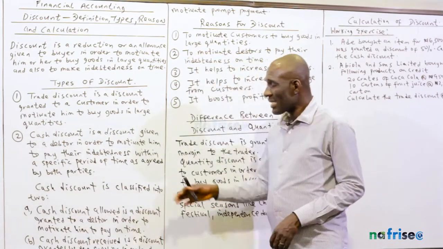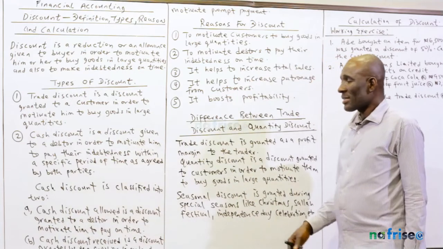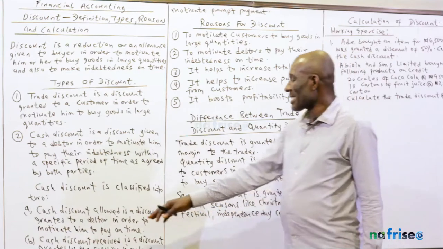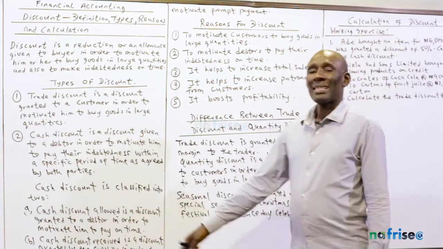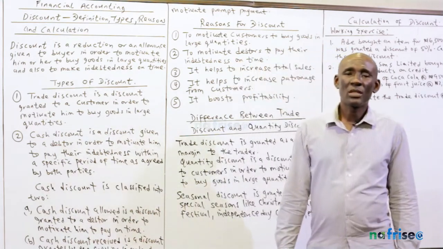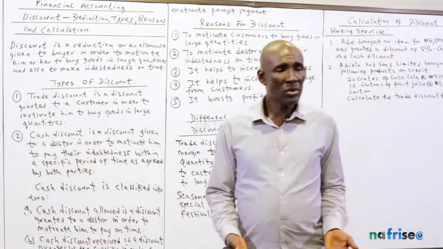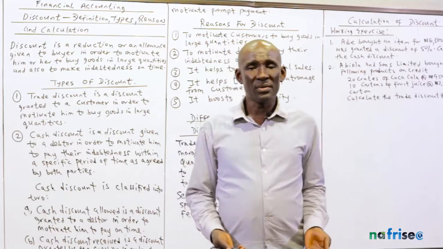Now, this cash discount is classified into two. We have the cash discount allowed and the cash discount received. What is the basic difference between the cash discount allowed and the cash discount received?